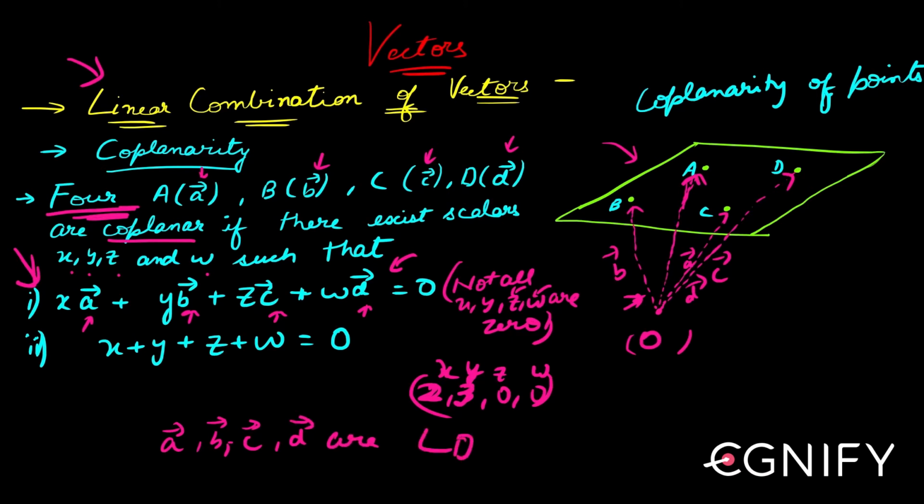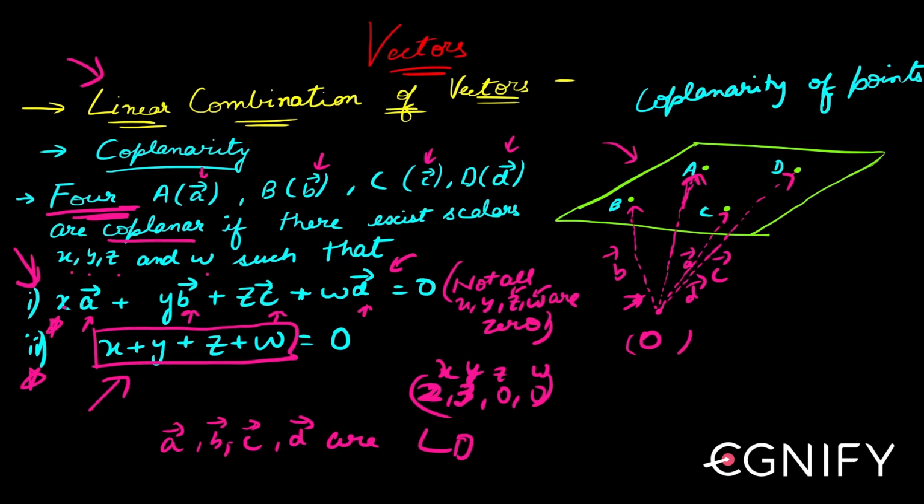And anyways, we have seen in the previous property that 4 vectors, more than 3 vectors, are always linearly dependent. So this first condition has to be taken care of. The second and the more important condition is that these scalars must sum up to 0. The scalars that you are using for your linear combination and equating it to 0 must actually sum up to 0, right?